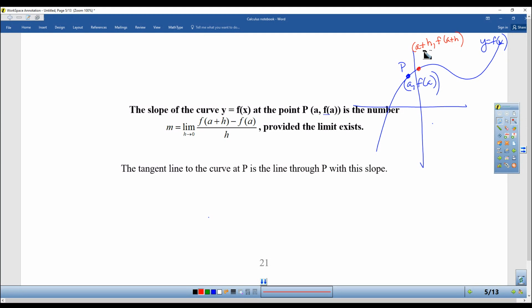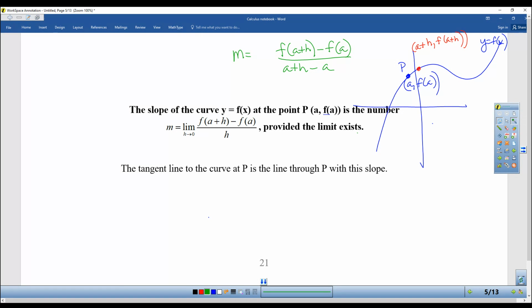Remember that's what we did? We took whatever the number was and we added h, and then we also figured out the function with the new a plus h. And then that would make the slope equal to f of a plus h, y2, minus y1 over x2 minus x1.